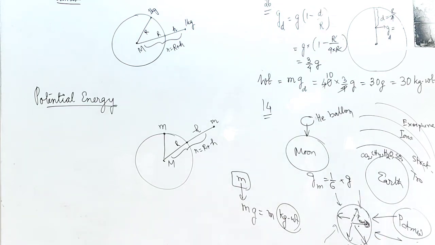When it ascends to a certain height, it will come to the stratosphere and ionosphere. At that point, the atmospheric pressure will be very less. The door and the window are made from glass which you can break, and it can come out.